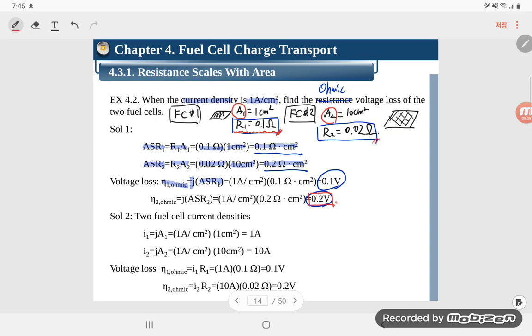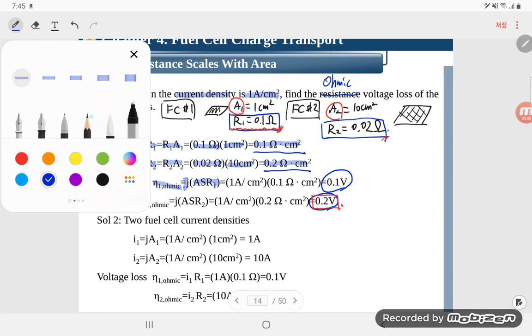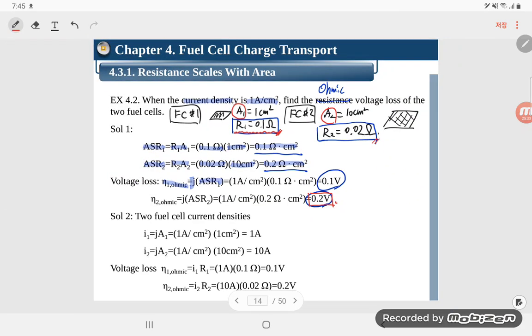And solution number 2, the other way to solve this, is based on ohmic loss equals IR. In this case, the I is the current, not the current density. So if you convert the current density into current by multiplying by the area of each cell, I1 has a lower current, and the other is 10 times larger.